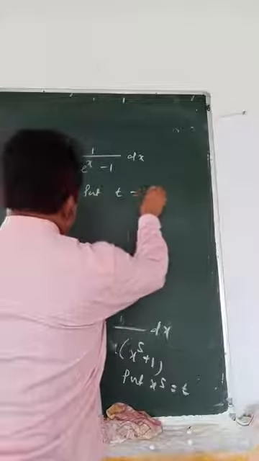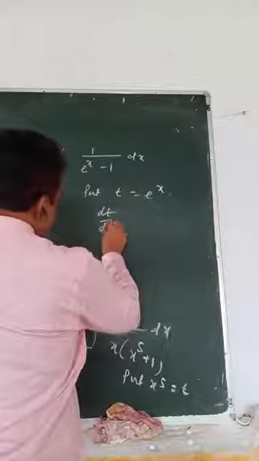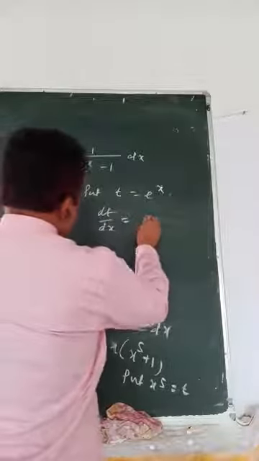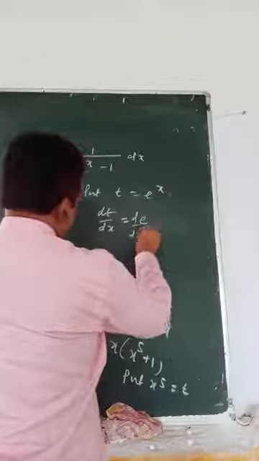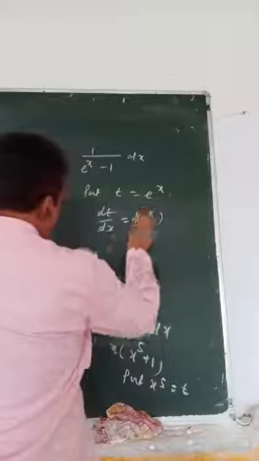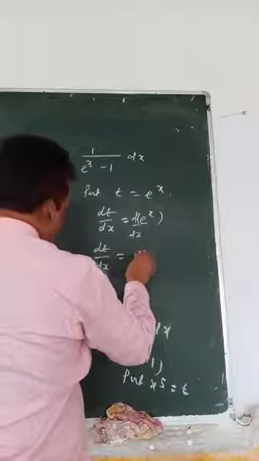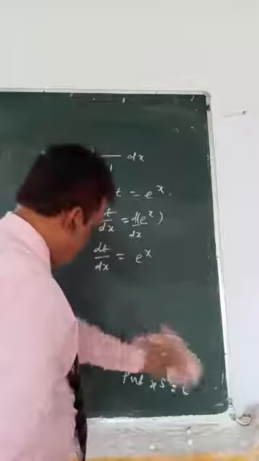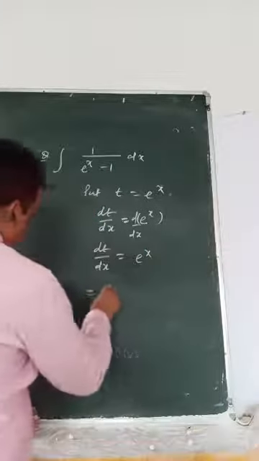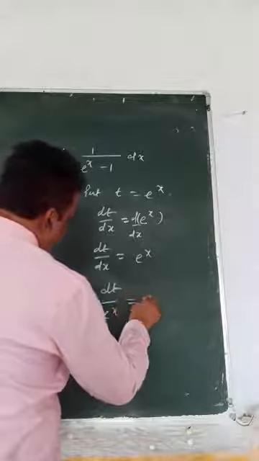t equals e to the power x. What is dt by dx? Now the derivative of e to the power x is again e to the power x. So dt by dx is e to the power x. Find out dt by e to the power x equals dx.